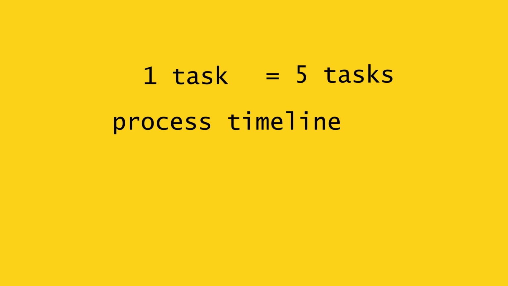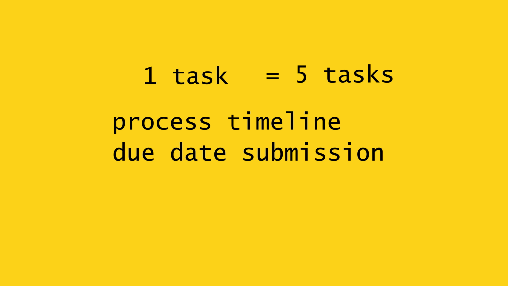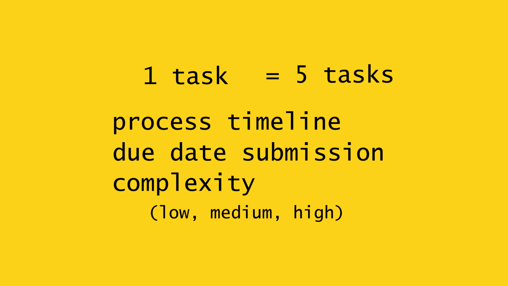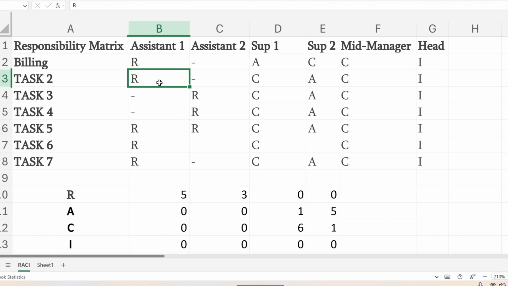Pwedeng yung isang task na yon could be equal to, let's say, 5 tasks because of a specific timeline, because of due dates of submission or complexity. Pwedeng yung isang or sobrang dami ng involved na data, stakeholders. Isa yun sa mga bagay na ang makakapagsabi lang ay yung team.